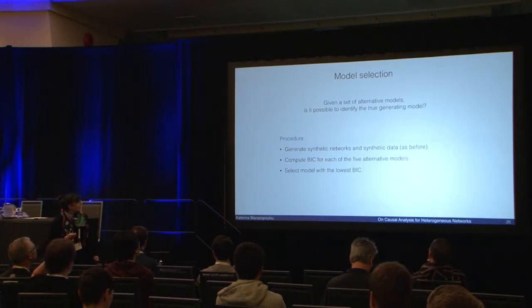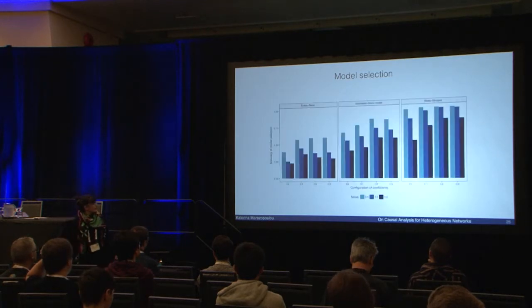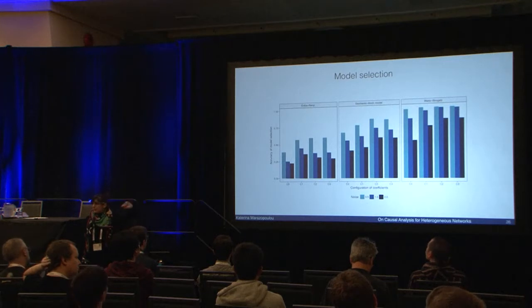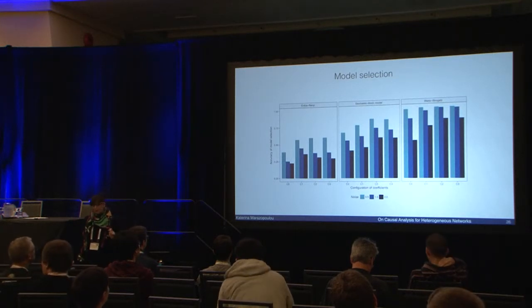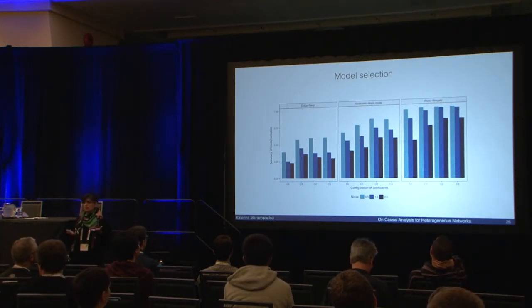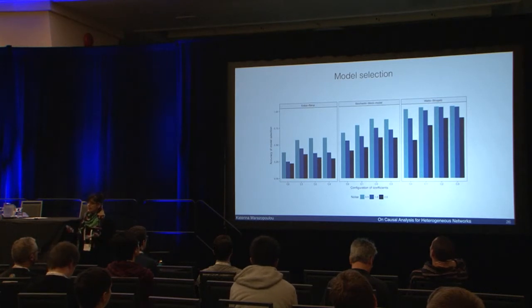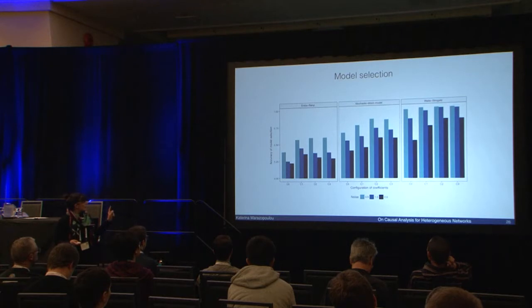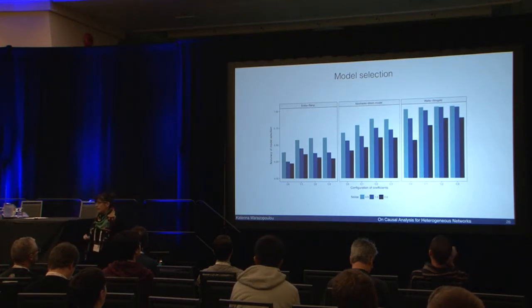And the results for these experiments: we have the 3 different types of networks we generated. On the x-axis, you have different configurations of coefficients, which is the relative importance between friends and coworkers that we considered. And on the y-axis, I'm plotting the accuracy of model selection.